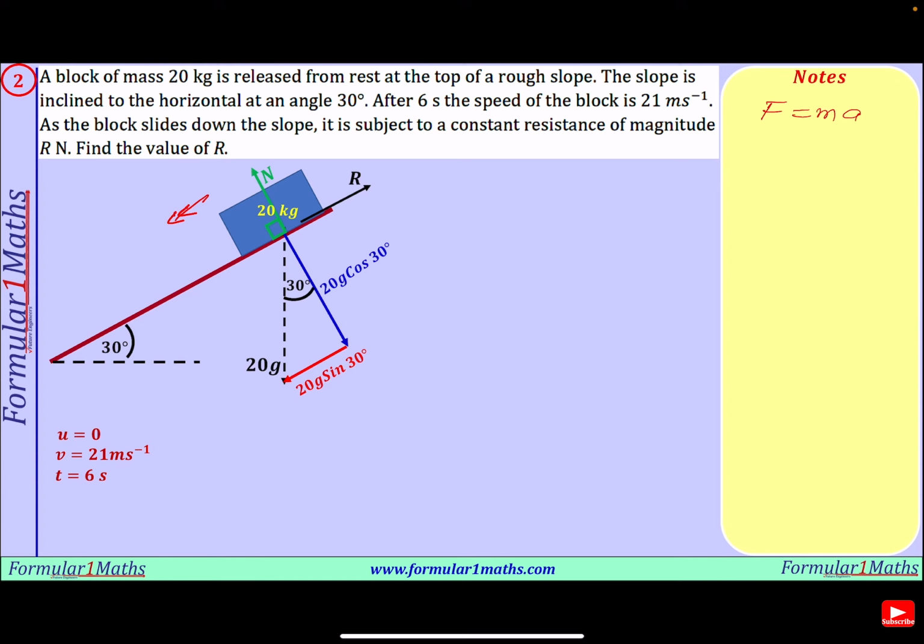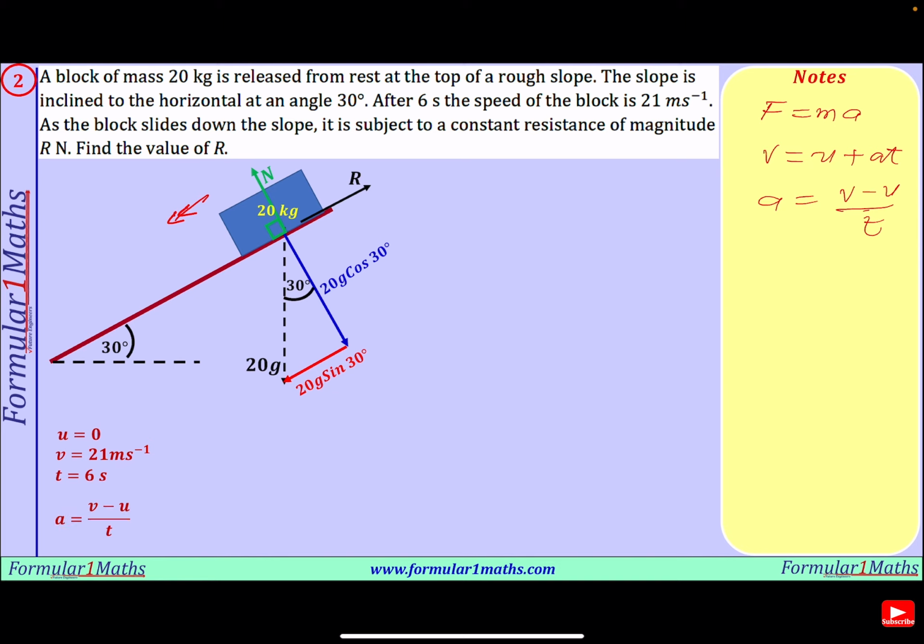Final velocity is 21 meters per second because after 6 seconds, time t equals 6 seconds, the velocity is v. So the equation that comes to mind that will enable us to find A is v equals u plus at, which implies that A equals v minus u over t.